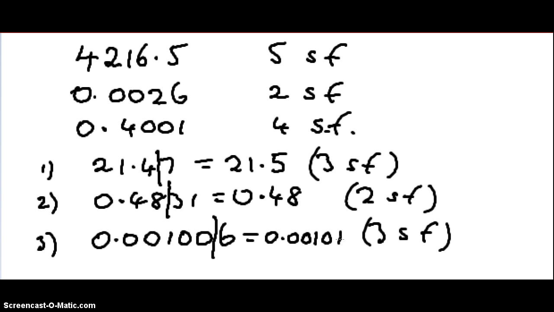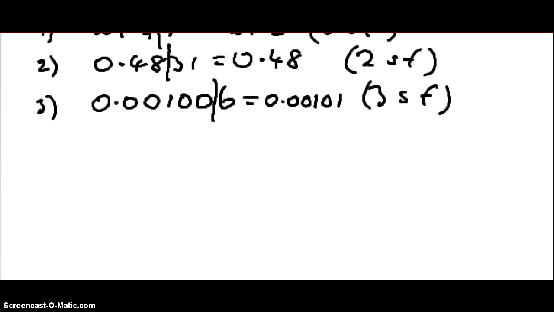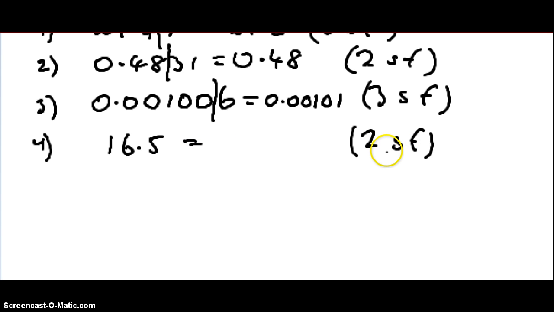Now the next one we'll look at is another tricky example, because in this case we have the situation where we perhaps look at some whole numbers. Let's take 16.5. I want to write that to 2 significant figures. So again, the 1 and the 6 are significant.